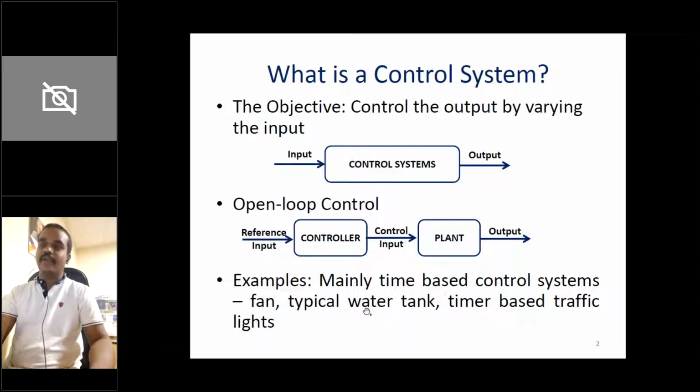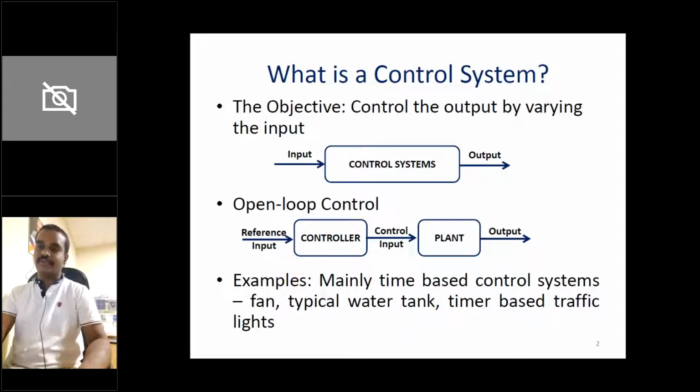A typical water tank is also an open loop control. What we are doing here is just manual, there is no feedback mechanism. In most cases, when the tank is empty, we keep the switch on for 5 minutes, and then we switch it off, assuming that in the 5 minutes the tank will be filled.